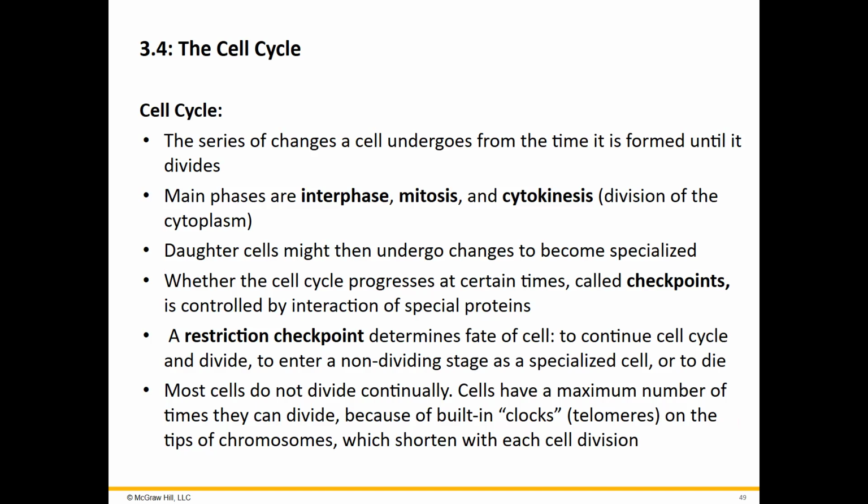Yeah? Most cells do not divide endlessly. I mentioned this, I believe, in our second lecture. The number of times you can divide is based on the amount of DNA garbage you have at the end of your DNA, called telomeres. Every time you replicate your DNA, you don't perfectly replicate it, and you end up cutting off some of the DNA.